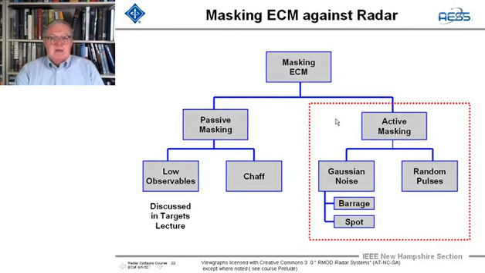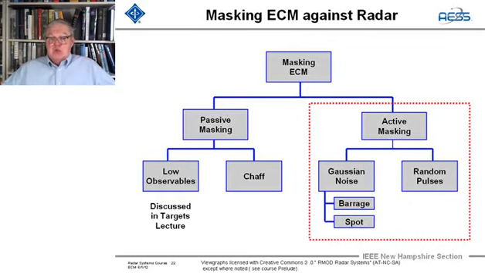Well, this is the next thing, and it's what we call active masking. Active masking can be broken up into transmitting Gaussian noise, or what we call broadband barrage noise, over a very wide bandwidth. Within C-band, it wouldn't be just the narrow frequency space that the radars could transmit in, but all over the whole radar band.